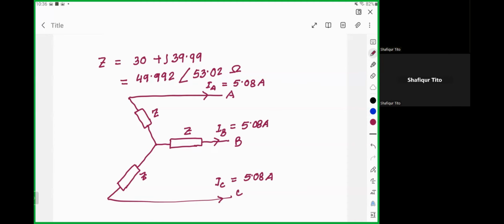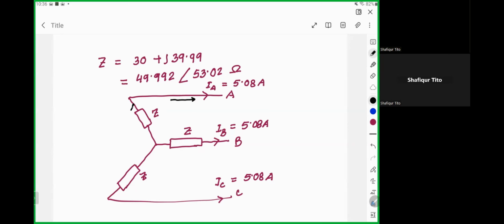So what will we do? Any idea? Everybody has got this? This current is passing through this line.